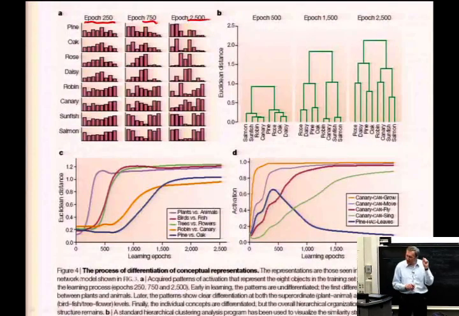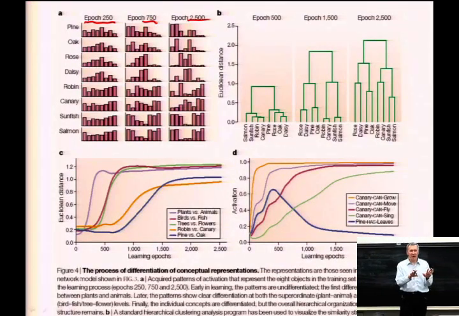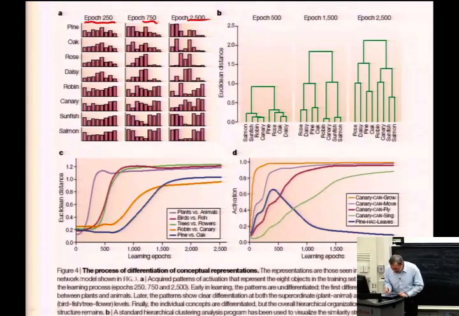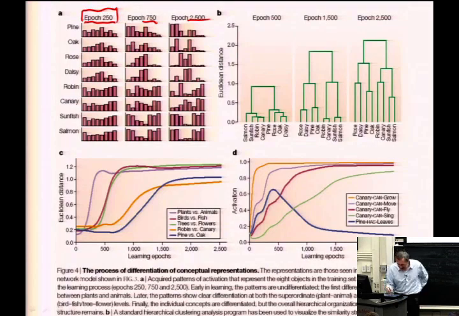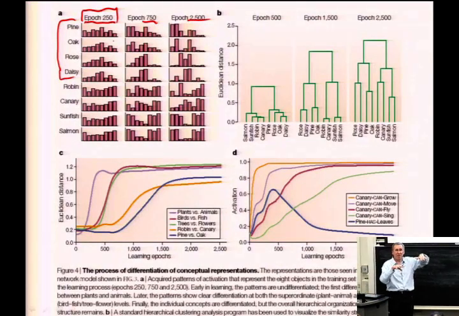They plotted the internal hidden unit values that were being used by the network to encode those input assertions, like canaries can fly, canary is a bird, etc. And what you find is after 250 iterations of gradient descent, you can see that these four items have very similar internal hidden unit representations.